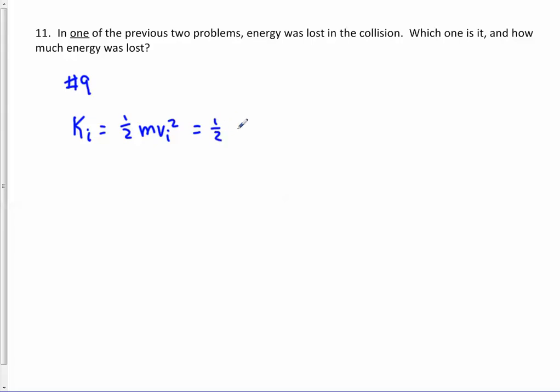So we plug in the numbers. It is 1.00 kilograms in that problem, and the initial speed was 12.5 meters per second. And we have to remember to square that. And that actually gives us 78.1, and that would be joules. That's energy, joules. Okay. Then they stick together.